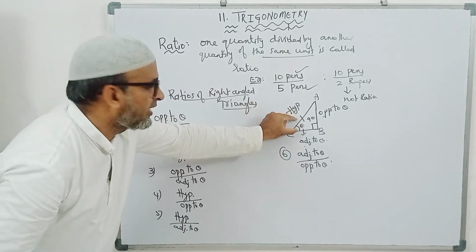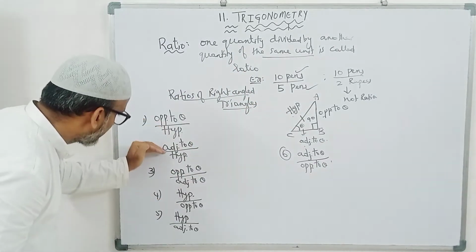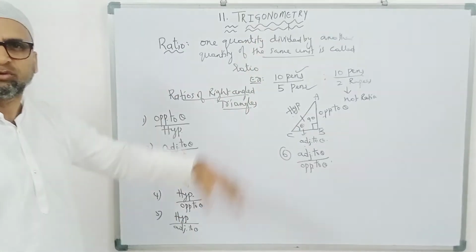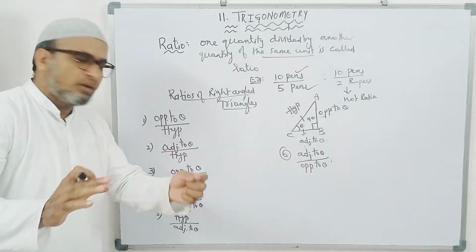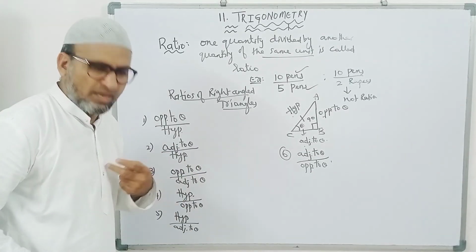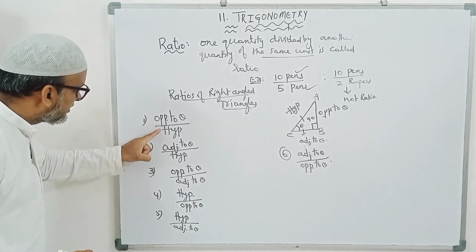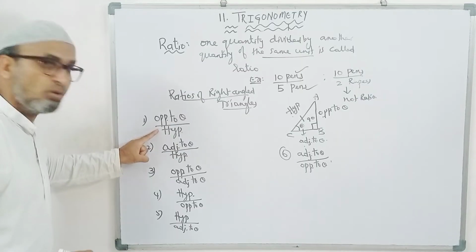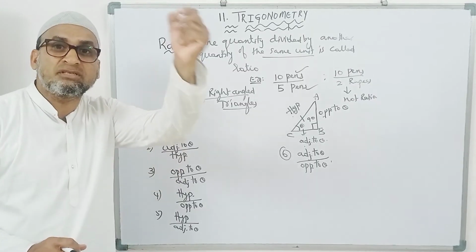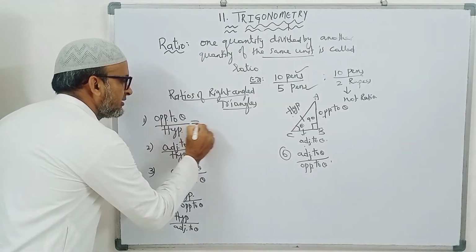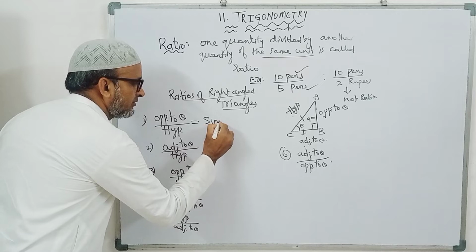So according to a right angle triangle, there are 6 ratios. Other than this, you cannot write any ratio. So everyone will have some names, like me, I am having some name. Whenever you see this type of ratio, mathematicians give some separate name. What is that? Means sin theta.